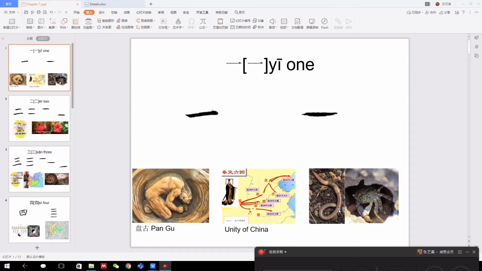But crabs have many minds, and it represents dividing its mind and not being loyal to one lord.